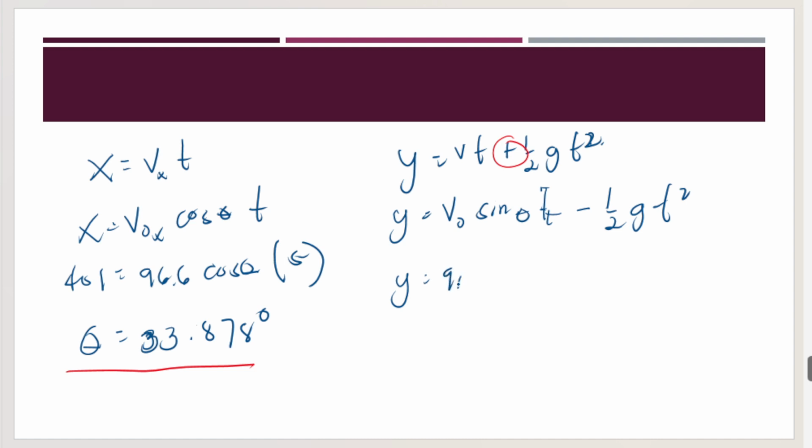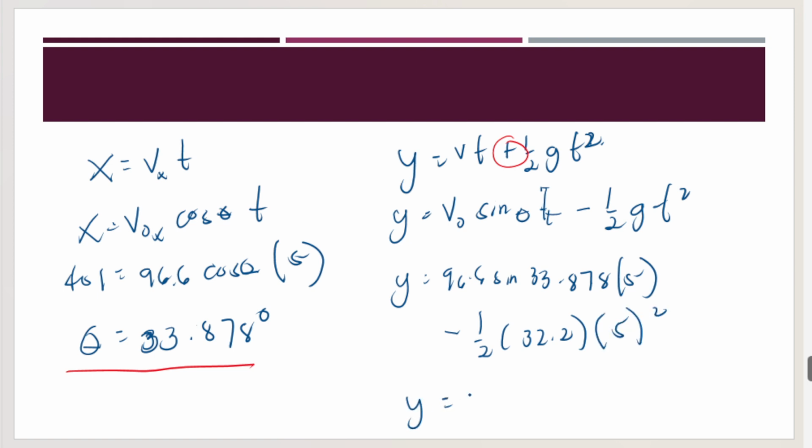We have this 96.6 sine 33.878 multiplied by 5 minus, ito na lang, 1 half g na 32.2 dahil ito ay naka-feet per second o yung mga velocity ay naka-English multiplied by 5 squared. So we have the value of y in feet as 133.264. Ayan. So this is our answer for this problem.